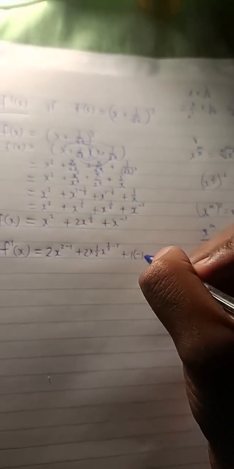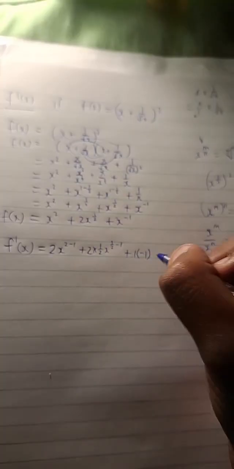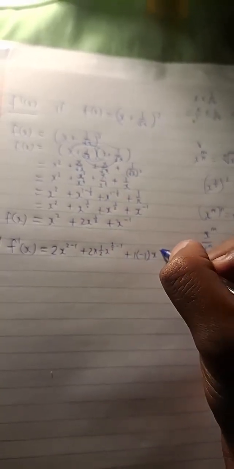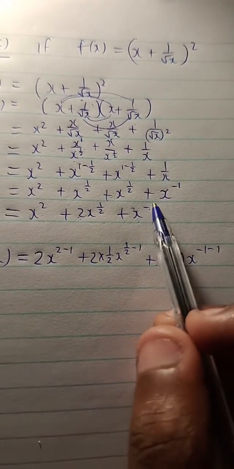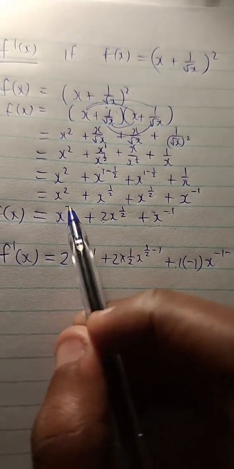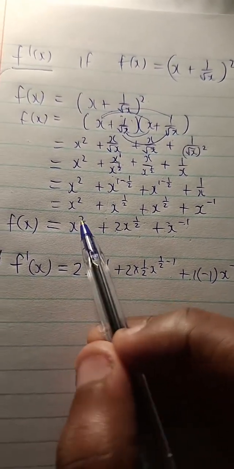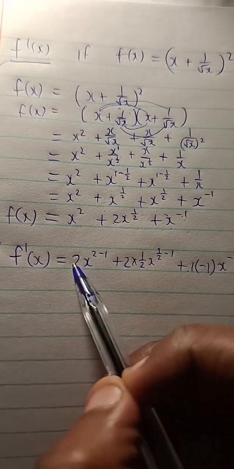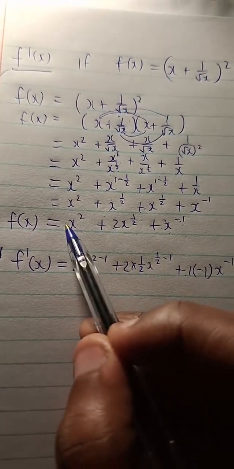Negative 1 comes down, gets multiplied to the current coefficient, which is positive 1. Then we say x to the power negative 1 minus 1. Remember, we're always subtracting 1 from the current exponent. This exponent becomes the coefficient that we multiply with the current coefficient.